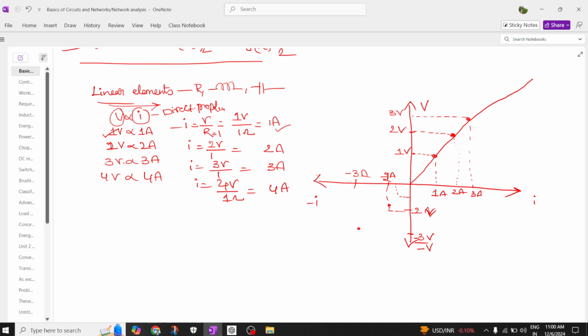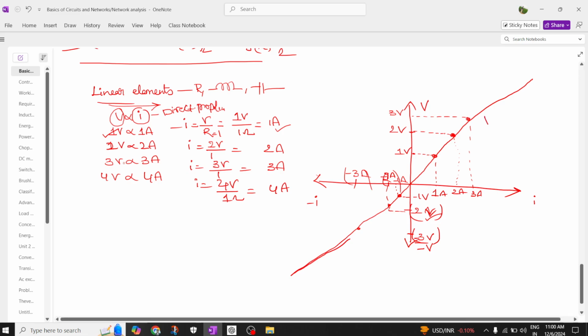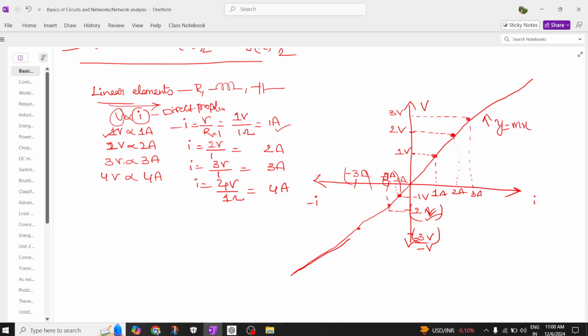This is intercepting point 1 at minus 1 volt and minus 1 ampere, at minus 2 volts minus 2 amperes, minus 3 volts minus 3 amperes. When you join all these points, you can see this has a slope, y is equal to mx, m is equal to y by x.